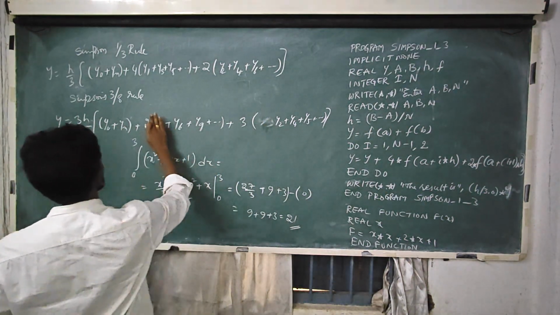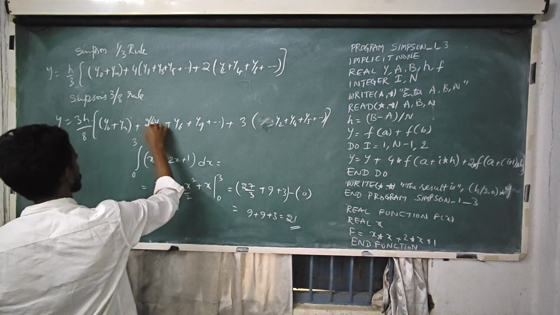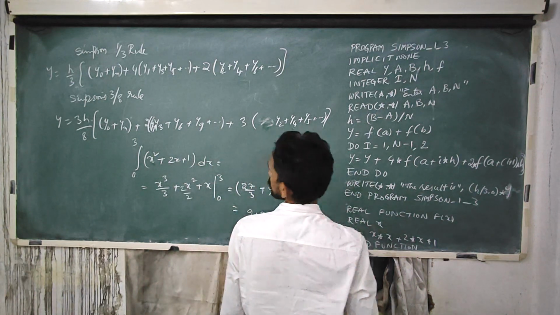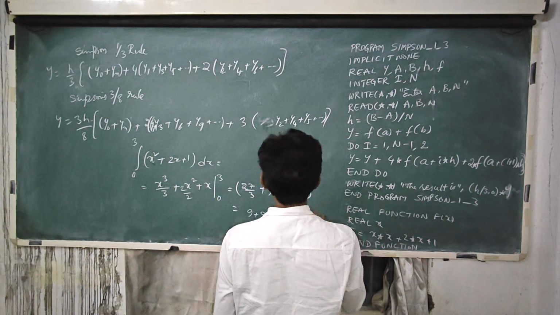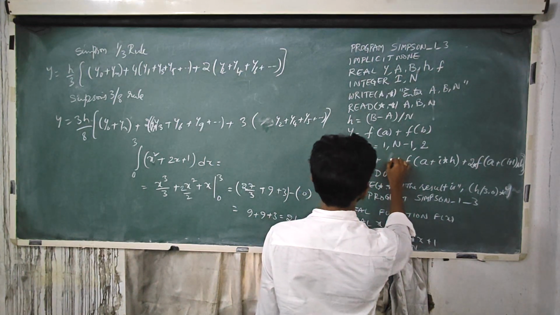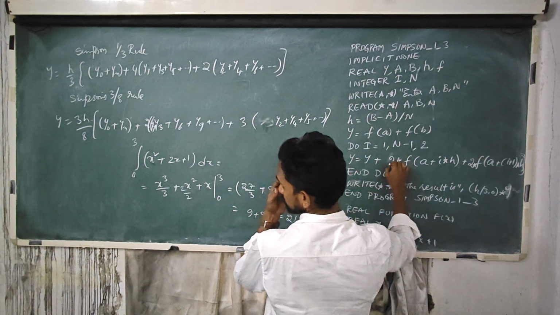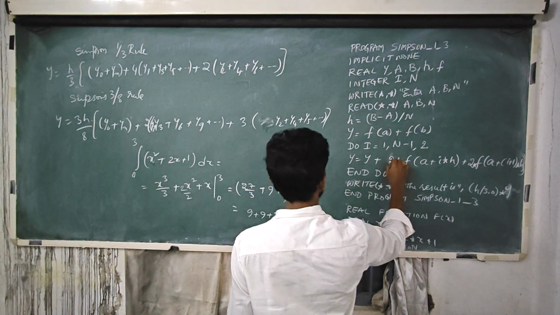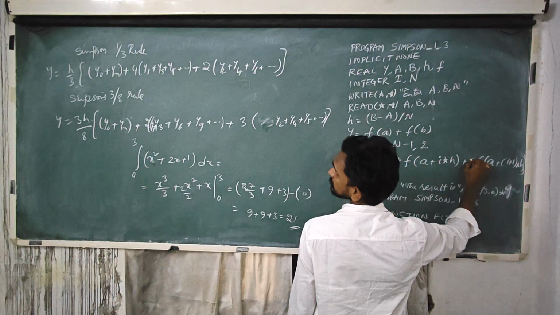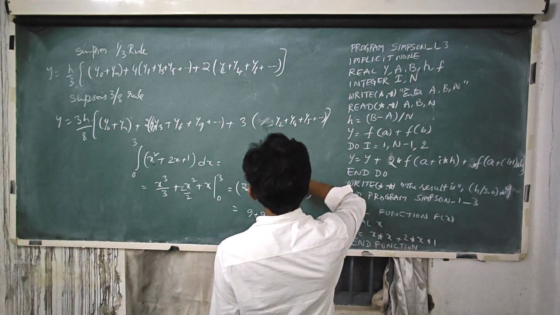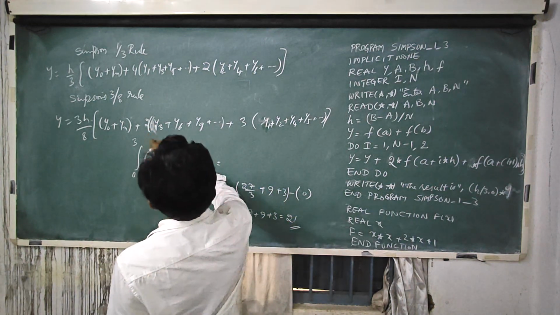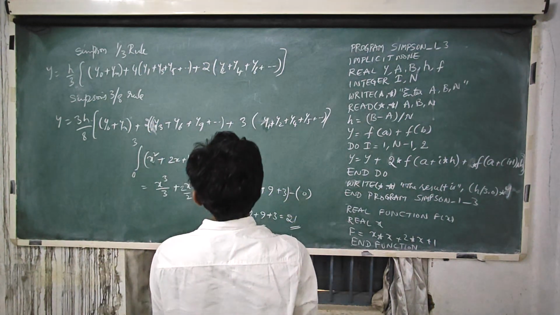Here this y1 comes here, and we have to write 2 times odd terms. Sorry, 4 times or 2 times?